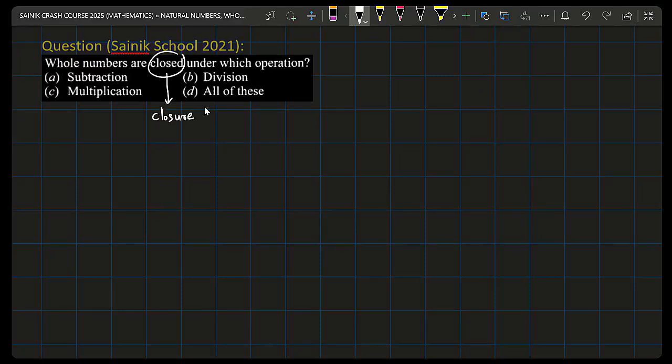Check closure property. You take any two whole numbers and subtract, and you check whether the answer is a whole number or not. 0 minus 1 is minus 1, it is not a whole number. So subtraction is not satisfied. What about division?